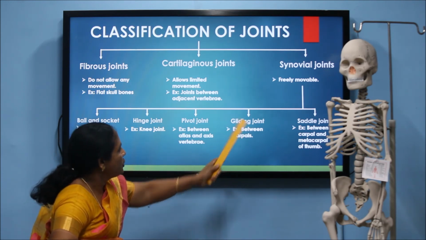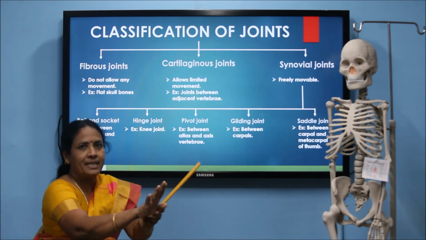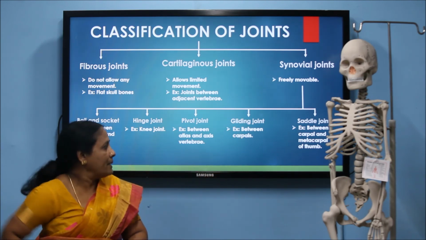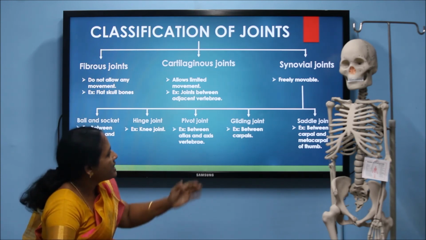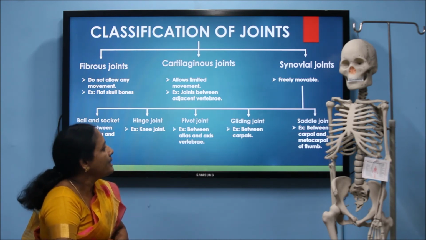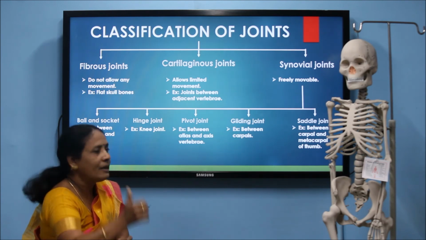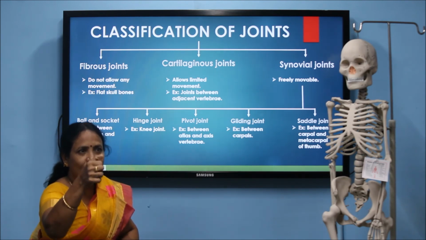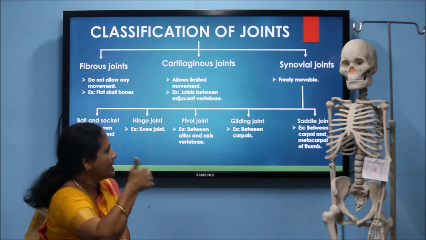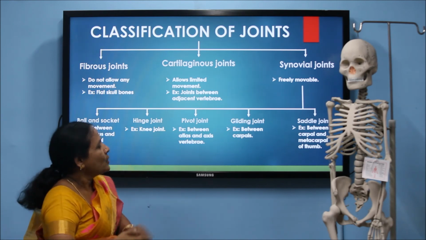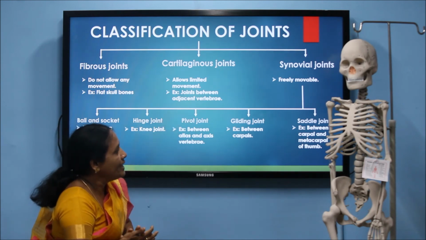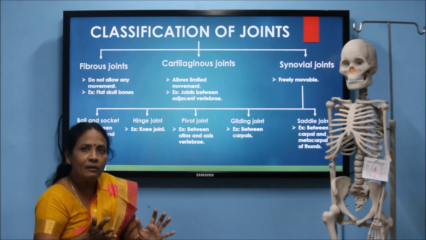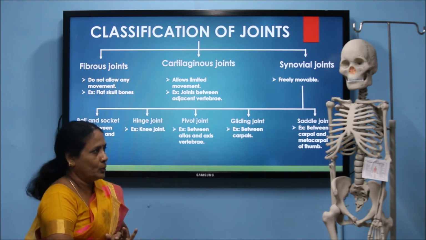Then gliding joints between the carpals. Then the saddle joint between the carpal and the metacarpal of the thumb. They can freely move, so that is said to be a synovial joint. Due to the presence of synovial fluid, it moves freely.